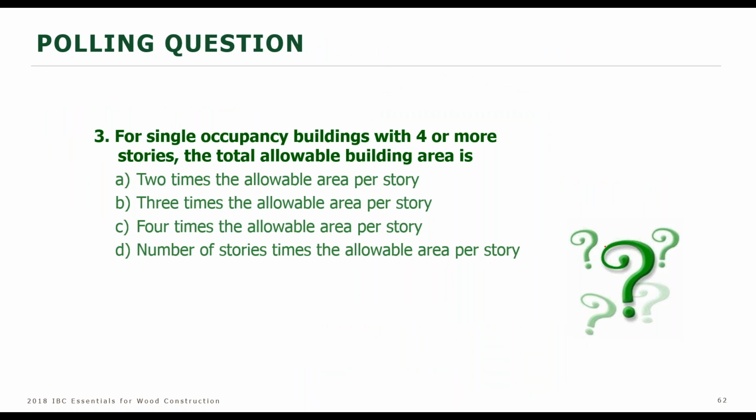D is not correct because the allowable area per story times number of stories would be times 4, and that formula requires you to limit it to a maximum of 3. So those of you who may have drifted off know what you need to take a look at now. So 3 times the allowable area per story.